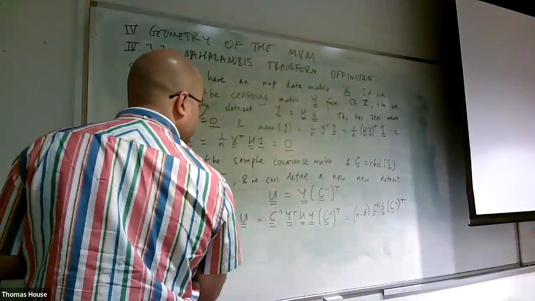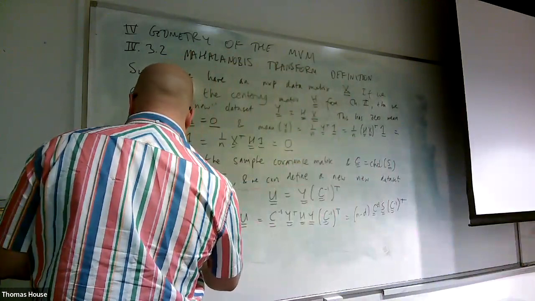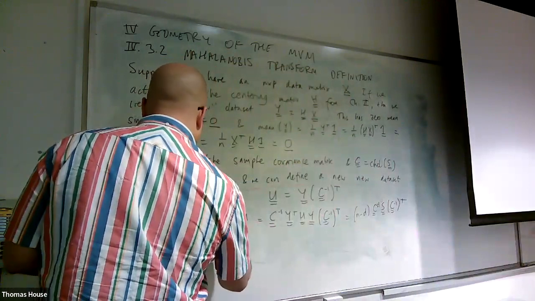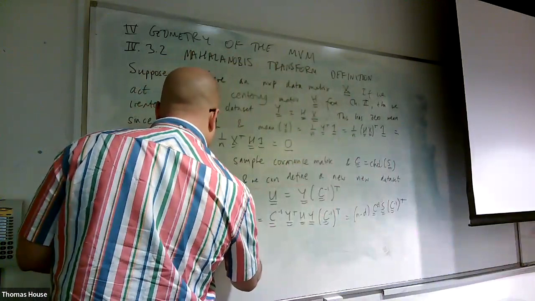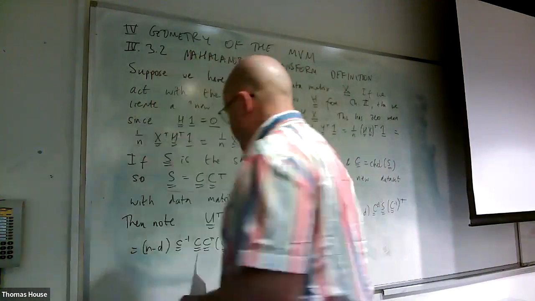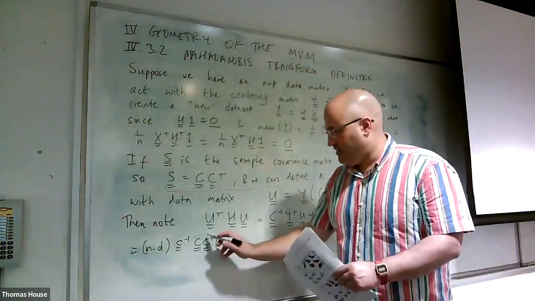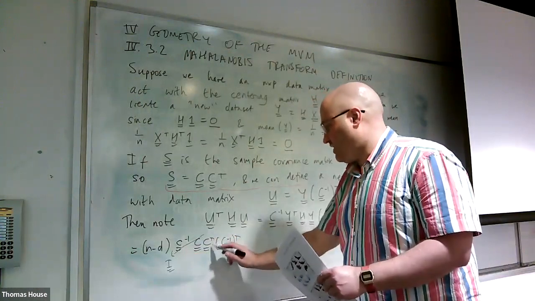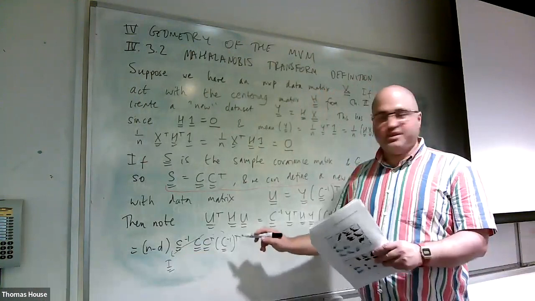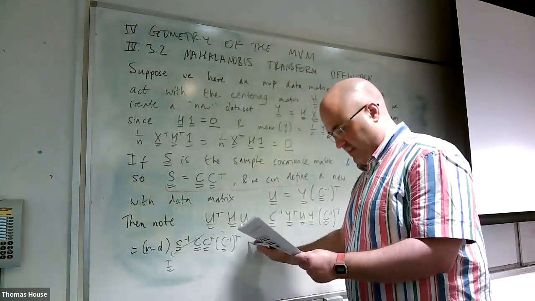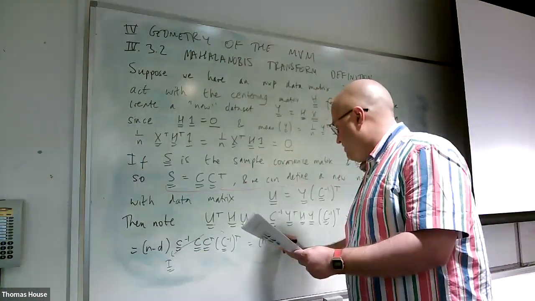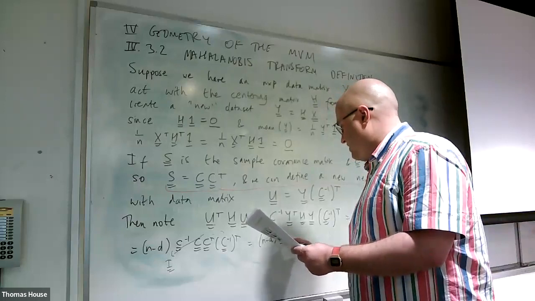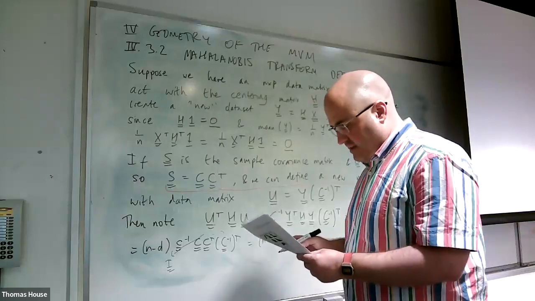Hang on, let me write it all there, right? So that's C minus 1 C C transpose C minus 1 transpose, yeah. And then those are going to cancel to give I. Yeah, that's going to go inside there, change the order, and it's still going to give I. So the whole thing is just going to be n minus d times I, like before, yeah.